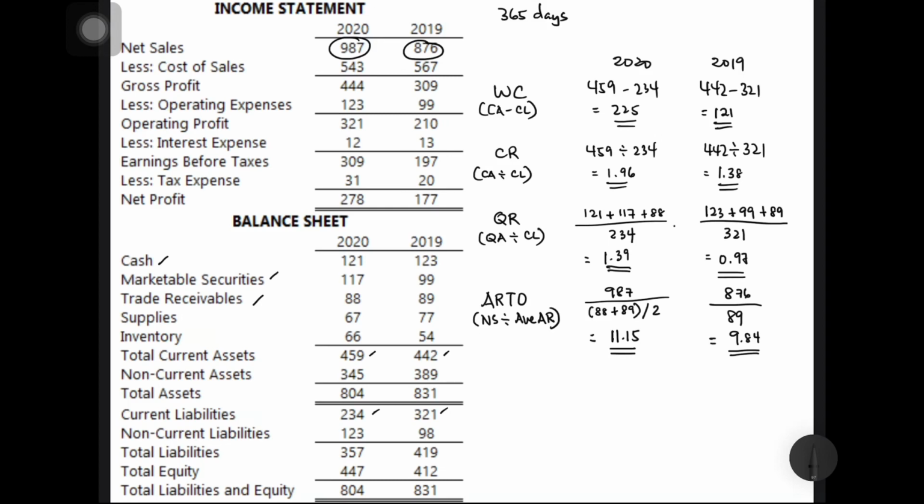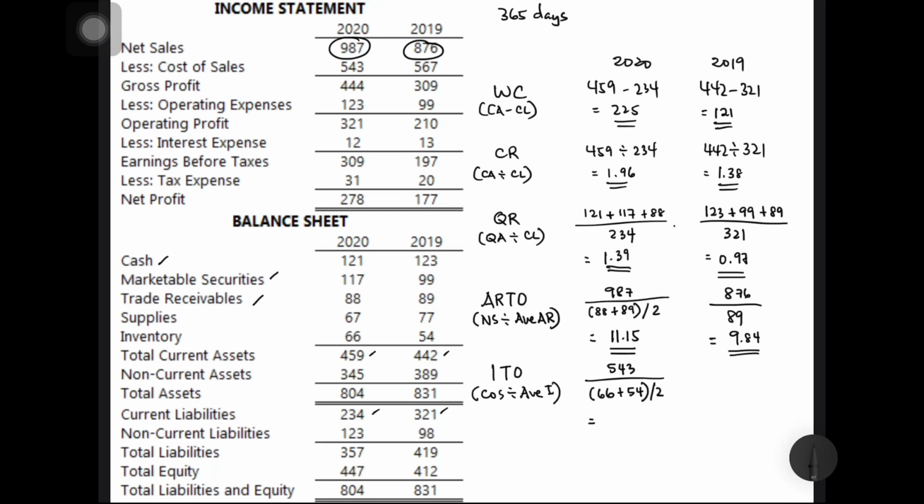Next, you are tasked to compute inventory turnover. Formula is cost of sales divided by average inventory. Let's do 2020 first. Cost of sales is 543 all over the average of your inventory. You have the prior year data in 2020, so 66 plus 54 divided by 2.